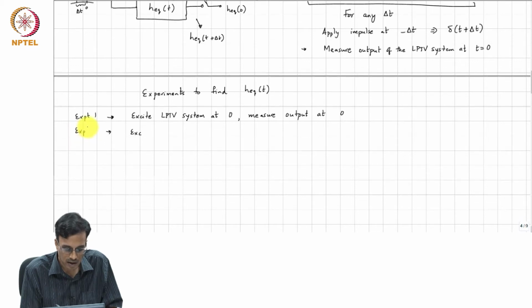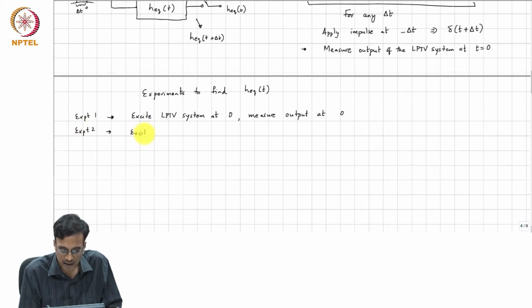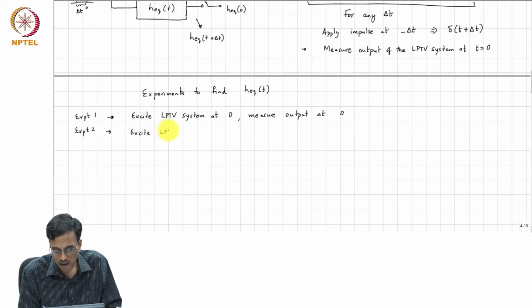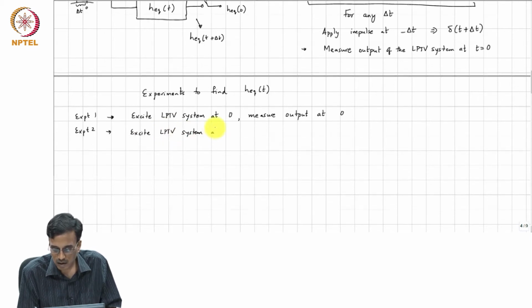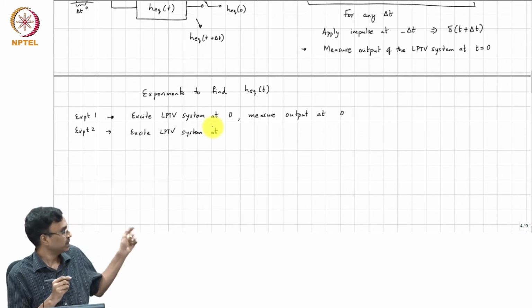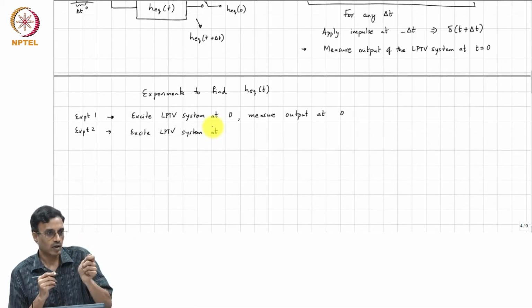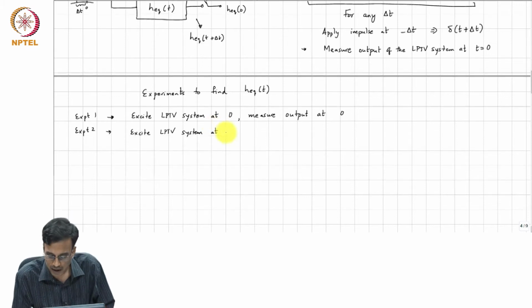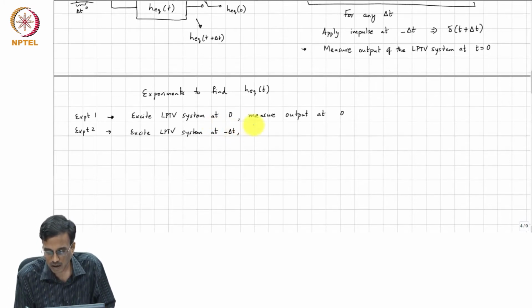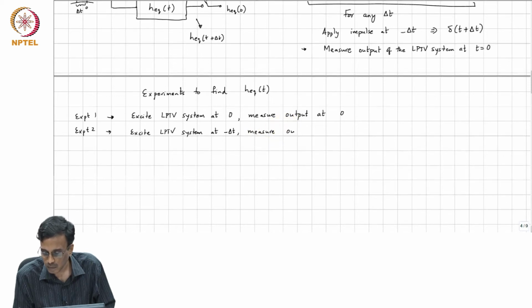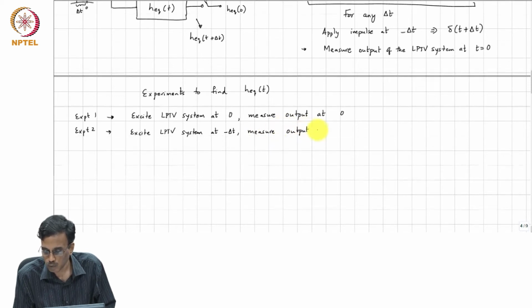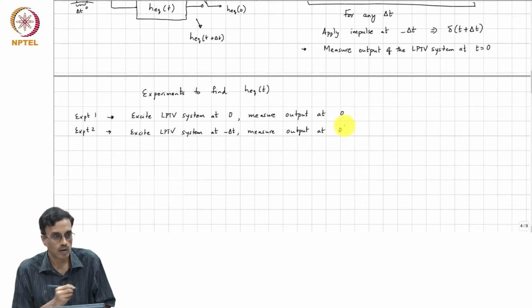Then experiment 2 is excite the LPTV system at minus delta t. When I say excite, it means you apply Dirac impulses at minus delta t, and measure output at 0.